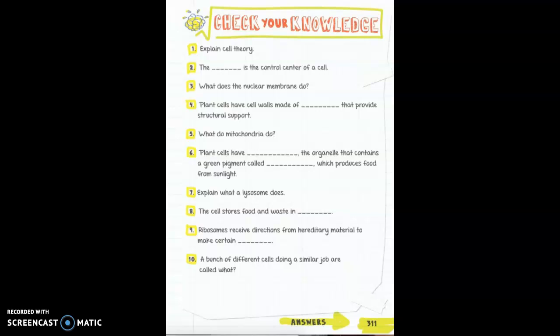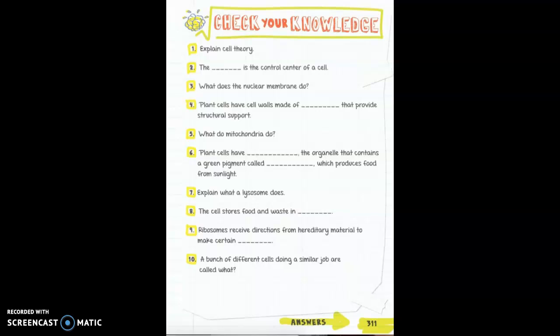Number 5, what do mitochondria do? Number 6, plant cells have blank, the organelle that contains a green pigment called blank, which produces food from sunlight. Number 7, explain what a lysosome does.